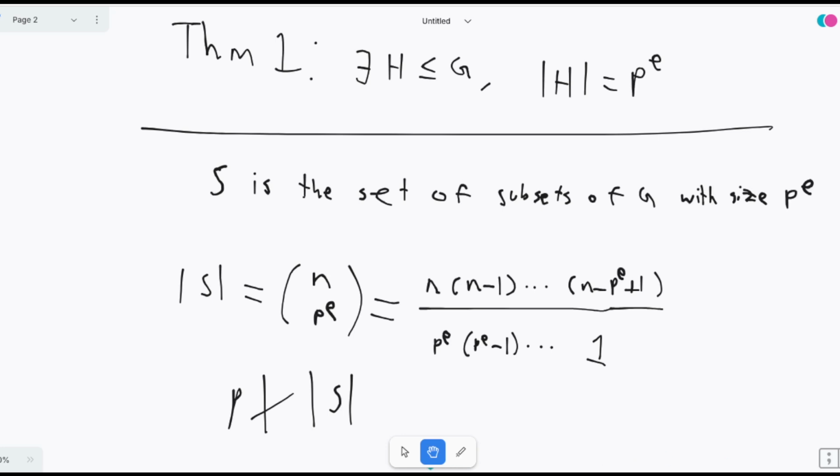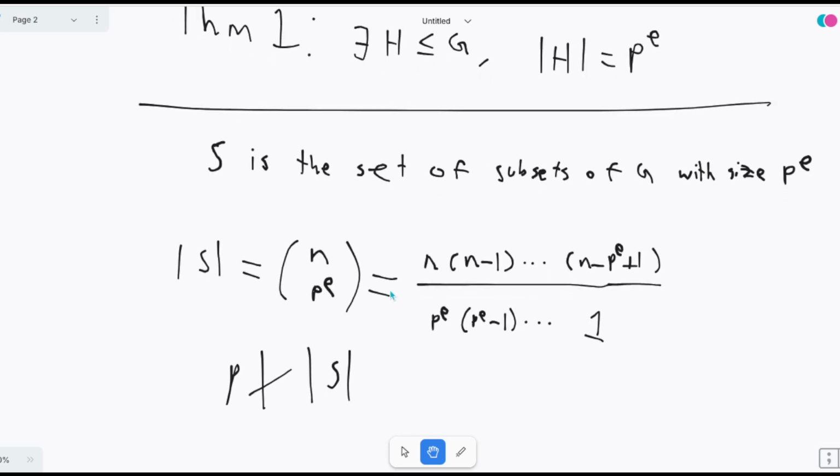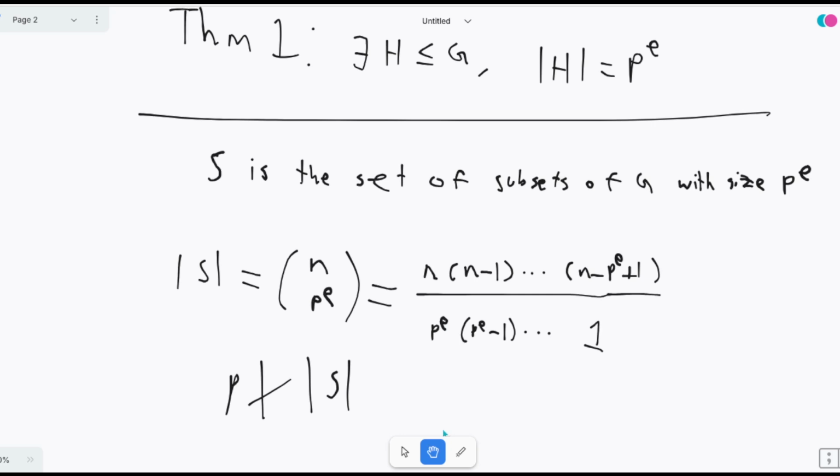Now, in my last talk on 6.3, I think it was, we talked about using group actions and extending that from the elements of a set to the subsets of the set. And we're going to do that here. We're going to use the group action of left multiplication acting on the elements of S, so the subsets of G itself.